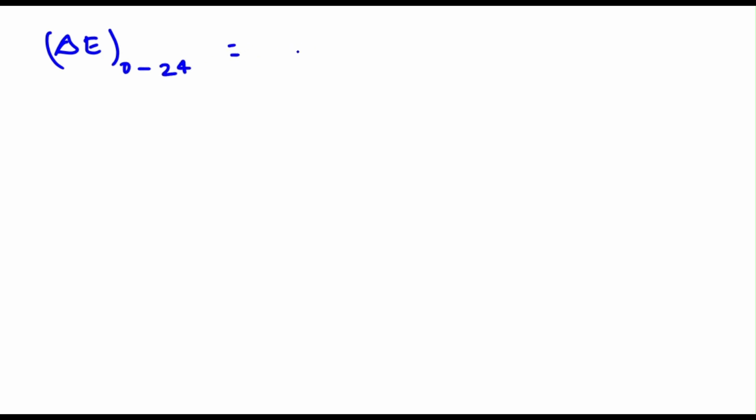This will be equal to the work done by the friction force between the bullet and the block times displacement, which is 24. I am writing work done equals force times displacement directly, because there is kinetic friction between bullet and block.